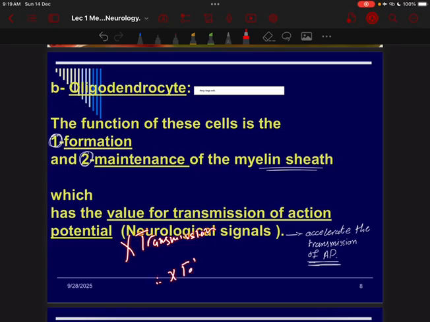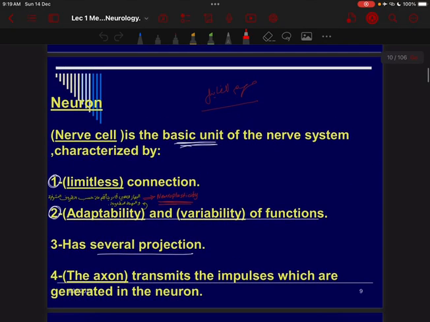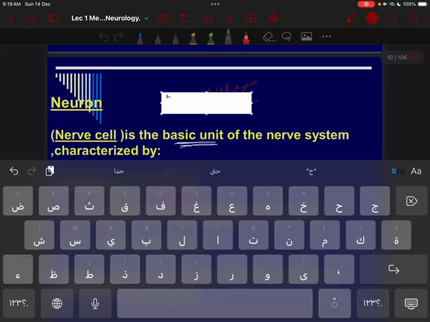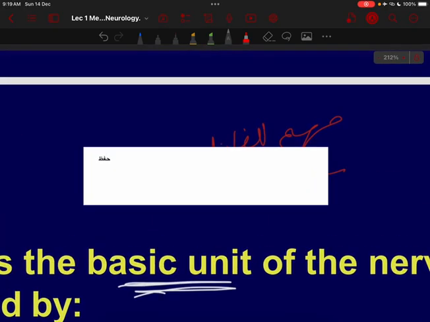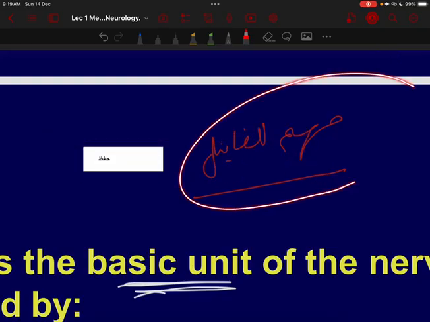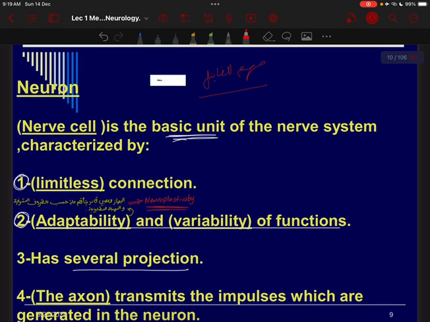Now what about the neuron? The neuron, or the nerve cell, is the basic unit. It has the following characters. This will come as a multiple choice question. Number one, it has limitless connections, many connections. Number two, it has the character of adaptability and variability of function.